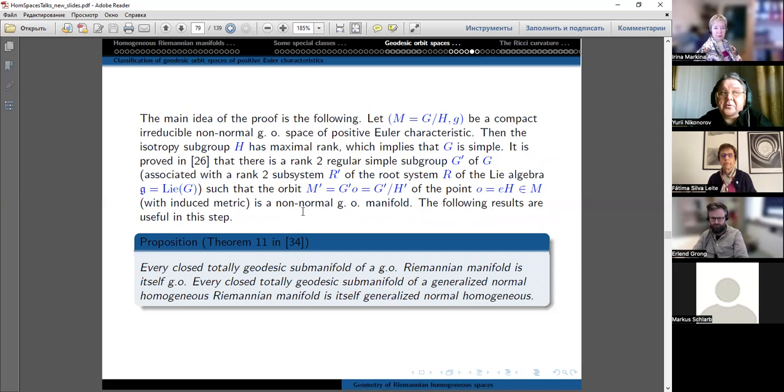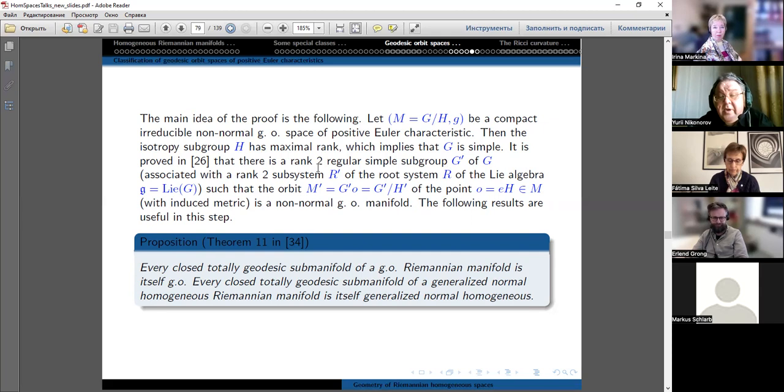It also has positive Euler characteristics, and the group G is very simple. It has rank 2. Therefore, the homogeneous subspace, which is this totally geodesic submanifold, has small dimension.